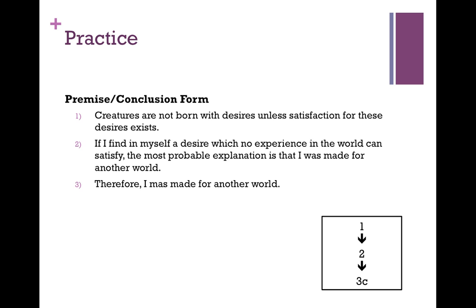In other words, if it's impossible to satisfy a desire for, let's say, X, then you can't be born with a desire for X. I might have just confused you. You can just read it and maybe that makes more sense. But creatures are not born with desires unless satisfaction for these desires exists.